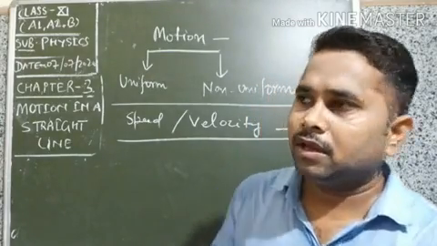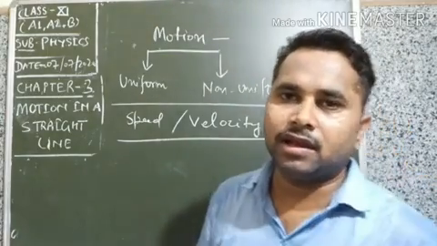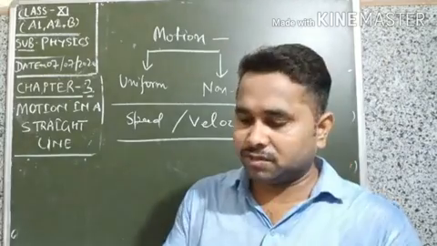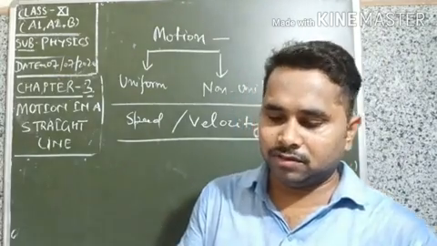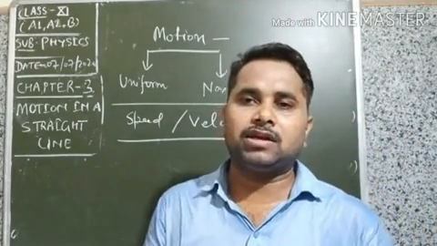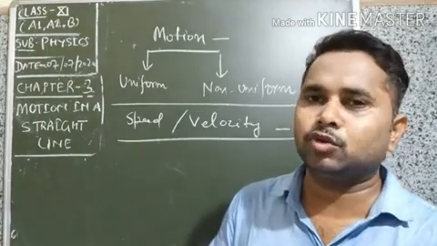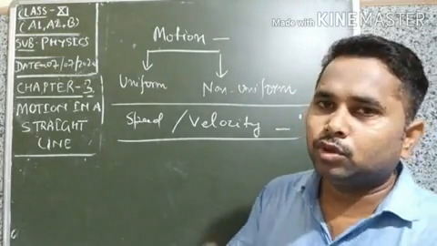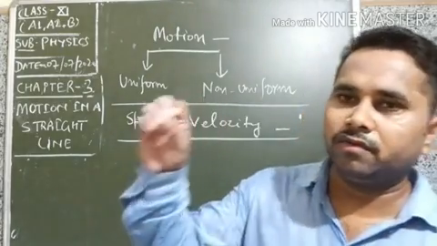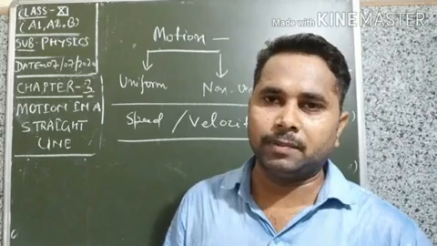There are 3 terms: the speed, the average speed, and the third one is instantaneous speed. Generally we write it as instant speed. Answer: instant speed. The speedometer gives you the instantaneous speed of the vehicle.